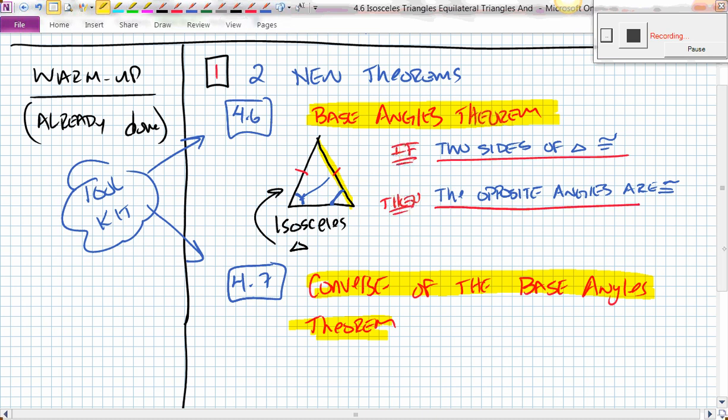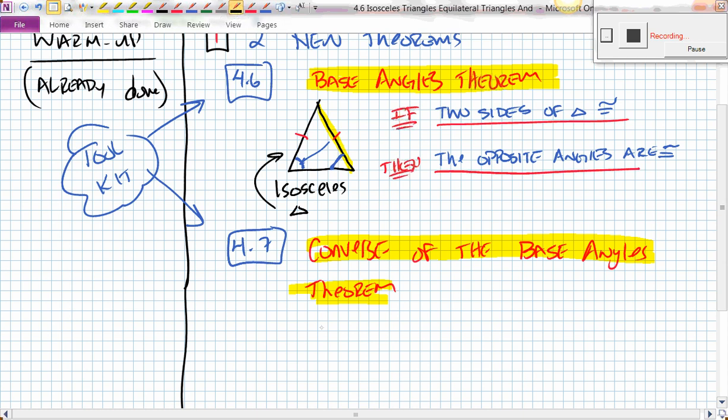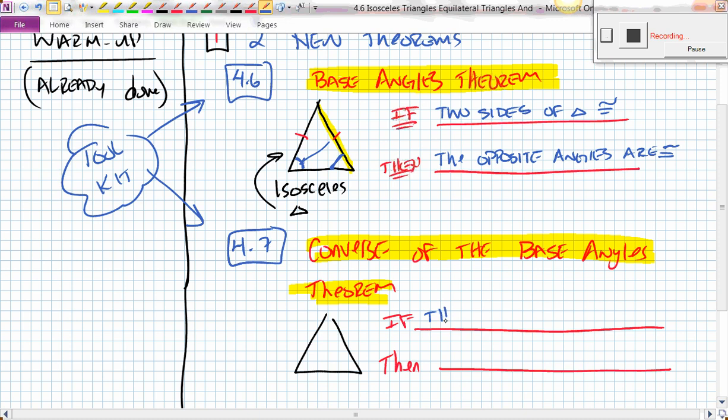So if I had these exact same pictures drawn over here, okay, and an isosceles triangle, if I gave you an if and a then, do you think you could come up with it on your own? All right, what would it be? There you go. If, why don't we say this? If two angles of a triangle are congruent, then what?